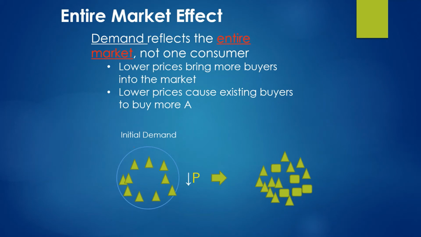Then what happens is that if the price decreases from $1 to $0.50, then overall demand is going to increase. Why? Because of the entrance of new buyers in the coffee market, and it is also possible that the existing buyers buy more.